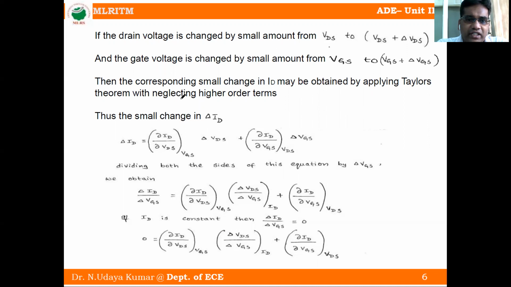So change in ID is equal to dou ID by dou VDS at constant VGS into change in VDS, plus dou ID by dou VGS at constant VDS into change in VGS. So this denominator term VGS and this term are similar.